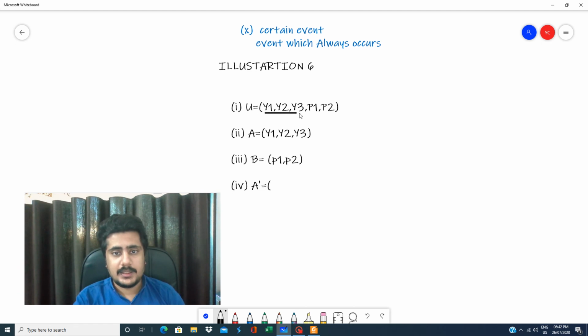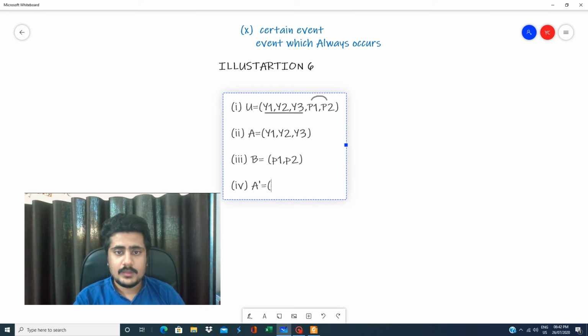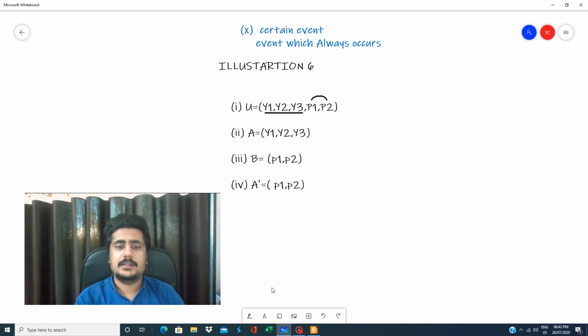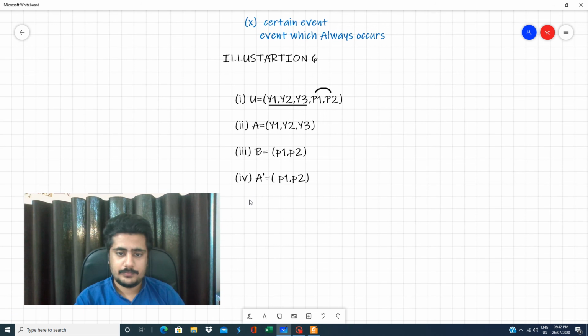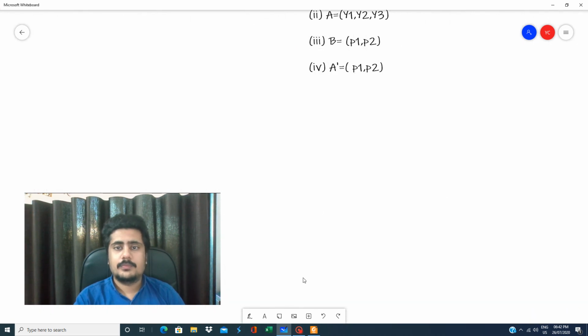See, this is A. If this is A, then this is A dash. Events other than A are A dash. So simply I can write it as P1, P2.